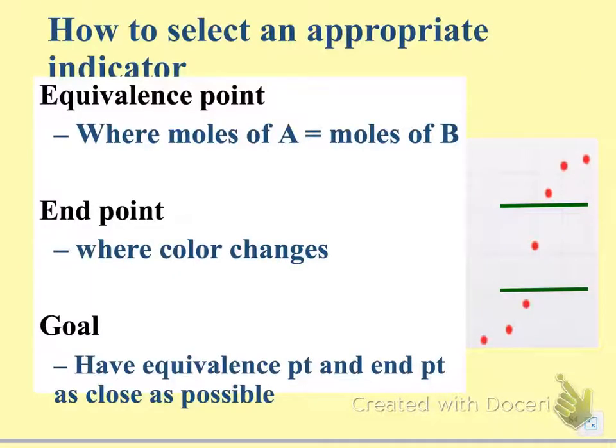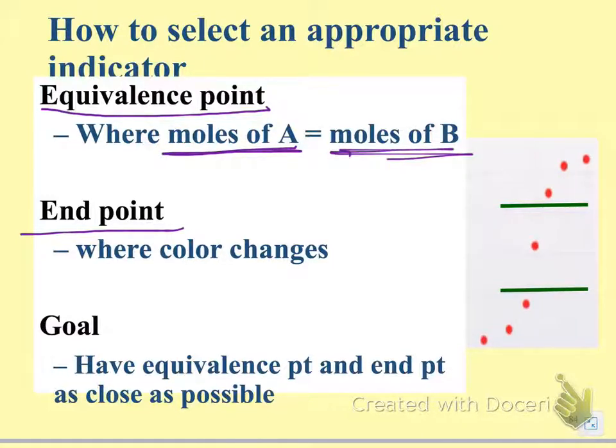Okay. So let's talk about how to choose an appropriate indicator, because there's dozens that you could use. First of all, let's get clear about two terms. One is the equivalence point and the other is the end point. They often get used interchangeably but don't mean the same thing. The equivalence point is where the moles of the acid equals moles of the base. It's the exact point where you have neutralization.